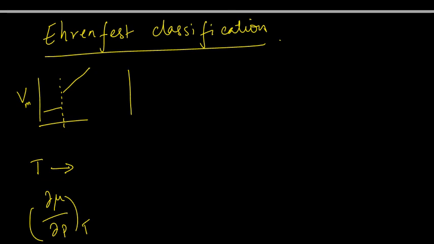What would happen to the enthalpy? I just plotted temperature for all these graphs over here. Everything we are varying with temperature. There's a delta H of transition, right? And it's always endothermic, right?